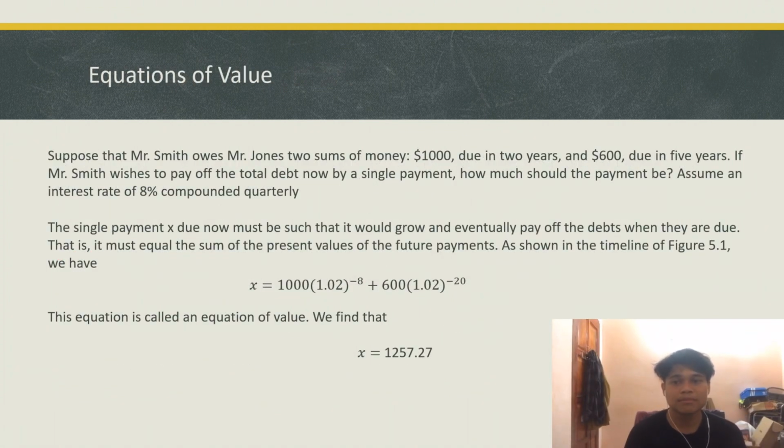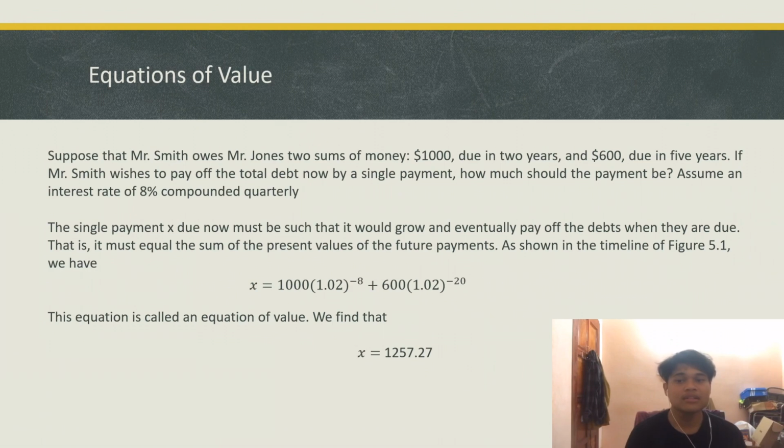So the example is, suppose that Mr. Smith owes Mr. Jones a sum of money, which is $1,000 due in 2 years and $600 due in 5 years. If Mr. Smith wishes to pay off the total debt now by a single payment, how should the payment be?